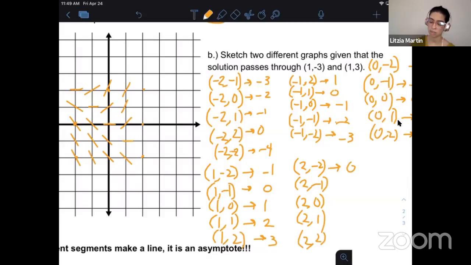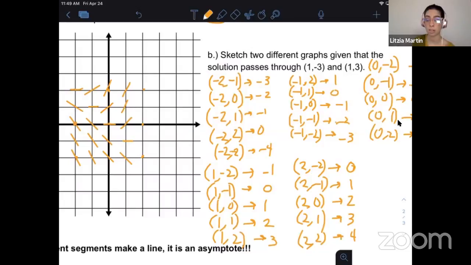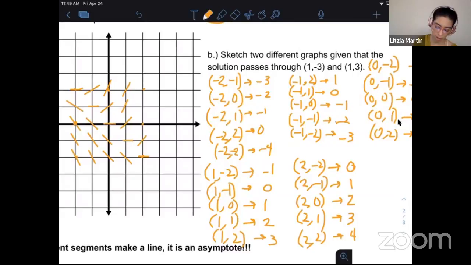So that's going to be 0. That's going to be 1, 2, 3, and 4. So they actually all end up being positive at this point. We have 0 down here, +1, +2, +3, +4. I really exaggerated those last couple, but that's okay.